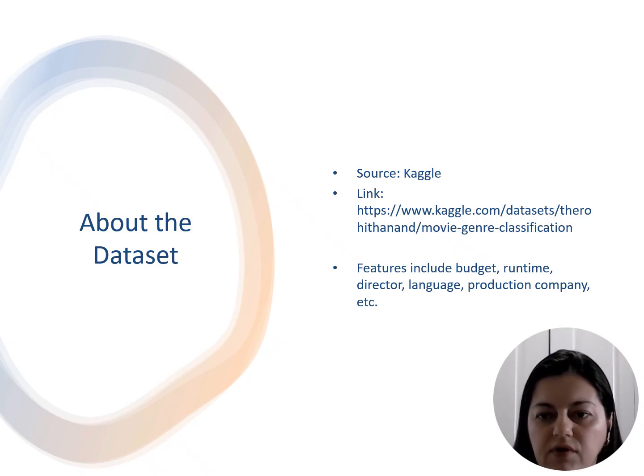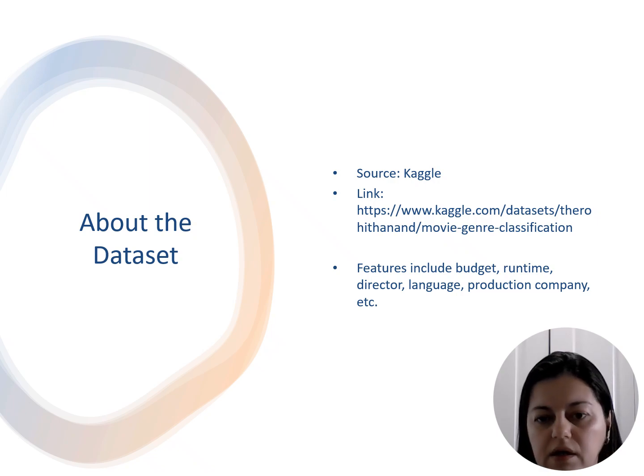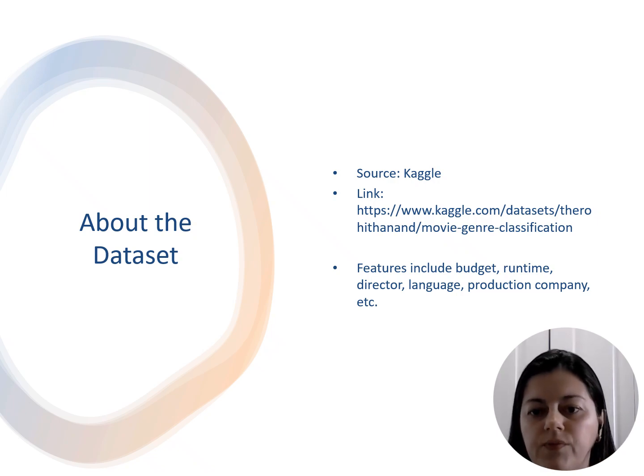The target variable is the movie's genre, and it's what I'm aiming to predict using machine learning techniques. This dataset can be found on Kaggle. I will share the link in the presentation.